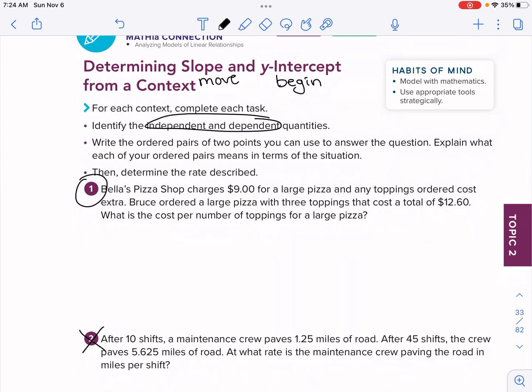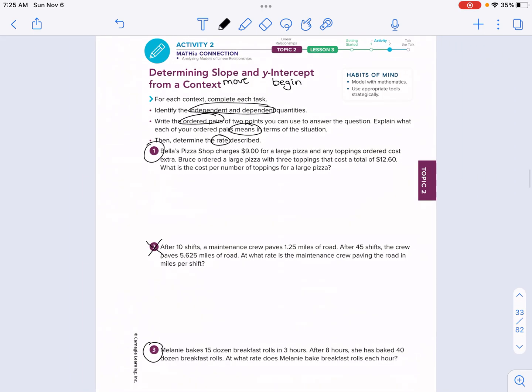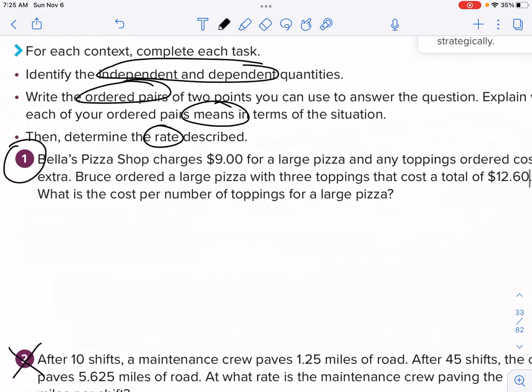We're going to write the ordered pairs of 2 points and explain what each ordered pair means, so we're going to write a sentence there, and then we're going to determine the rate. So just like what we did for the last one, but we are going to go through a couple of these. We're going to go through 1 and 3. We'll skip 2. All right, but let's keep our calculator handy.